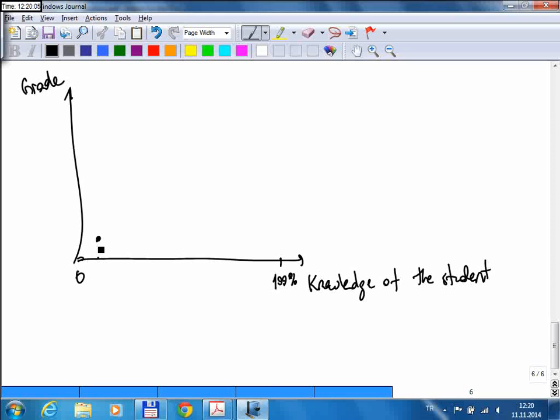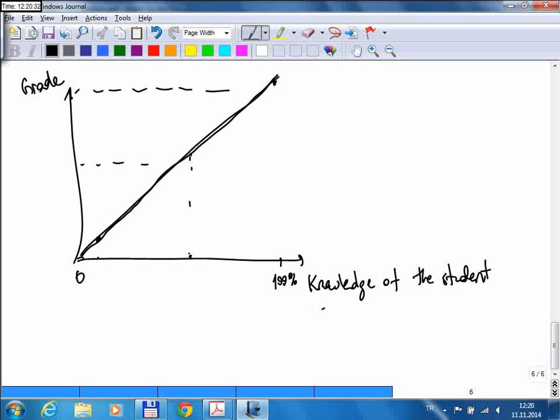A student who knows everything should get the best possible grade. And this relation should be a straight line, a linear relation. If you know half of the content, then your grade should be half of the full grade. An exam that maps knowledge to grade through such a straight line is, I think, the ideal exam.